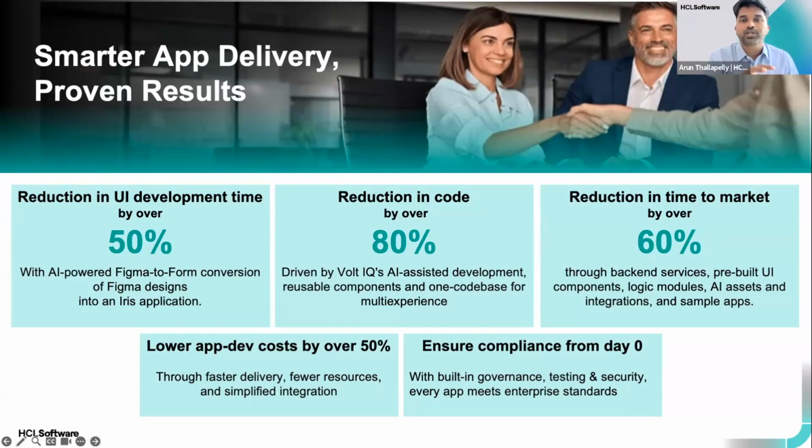But that's just the first step. Now that your UI is created, you attack the core engine, the code itself. Now imagine your developers empowered by AI assistants and a massive library of reusable components. You're now writing code really fast and with 80% less code, right? It's not just faster, it's actually smarter. It's a single code base for every experience, which means less complexity, fewer bugs, and radically simpler maintenance.